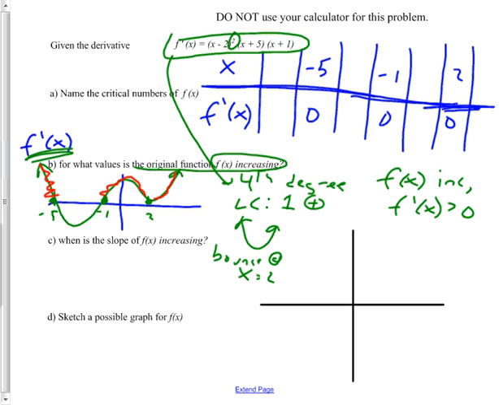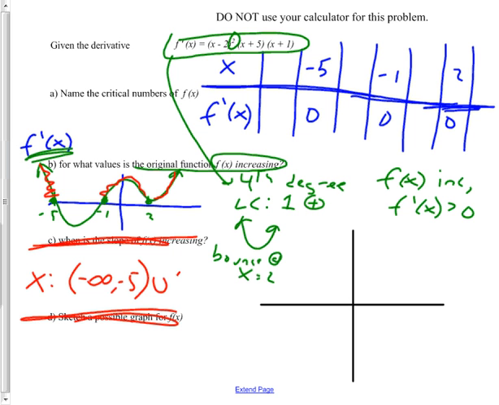So for what values is the original function increasing? The original function is increasing for x being from negative infinity to negative 5, from negative 1 to 2, and from 2 onwards. I think that's probably a more helpful way to look at it, just looking at the graph.